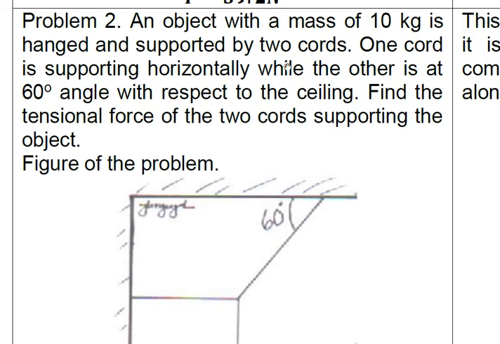One cord, of course, is supporting horizontally. This is basically the figure of the object, supporting the hanging object. Then another cord is at a 60-degree angle with respect to the ceiling.